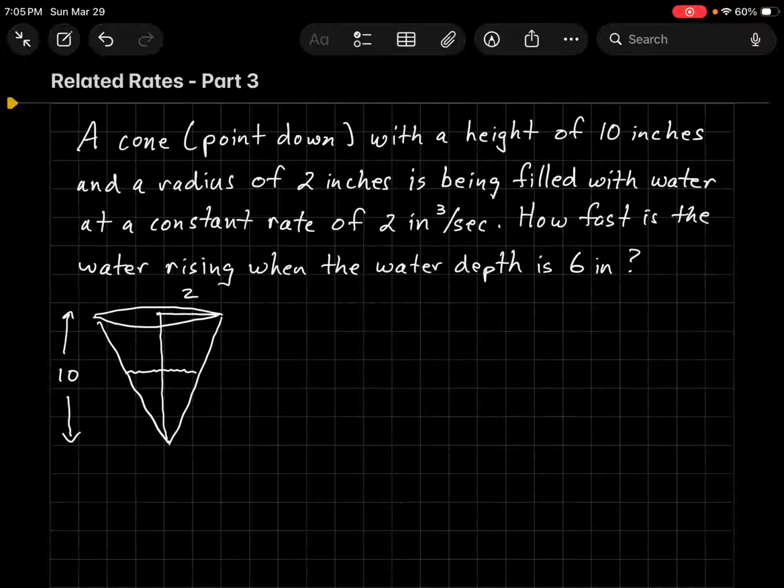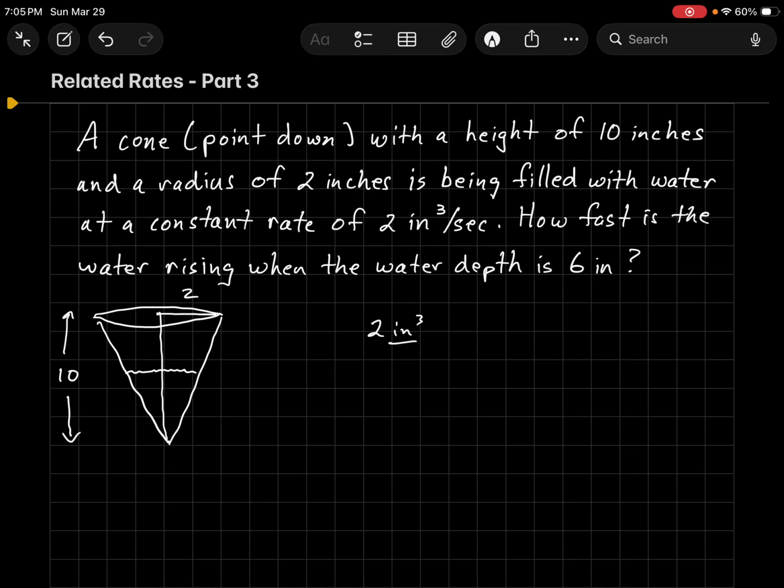Let's continue. Let's see if there's anything I can label. Well, let's take this piece of information here first, because I'm not really sure how to label this picture. It's one of the reasons I like this problem, because students often aren't sure how to label this either. But it says the water is filling at a rate of 2 inches cubed per second.